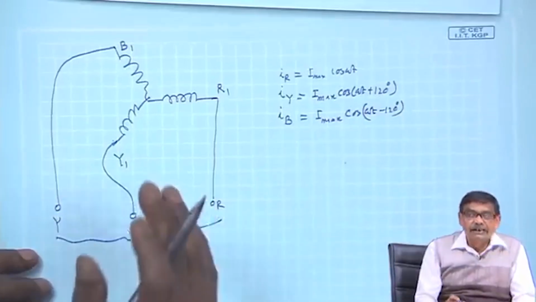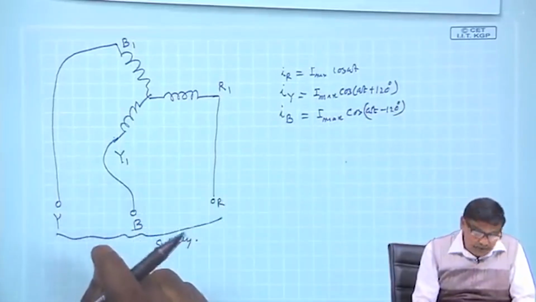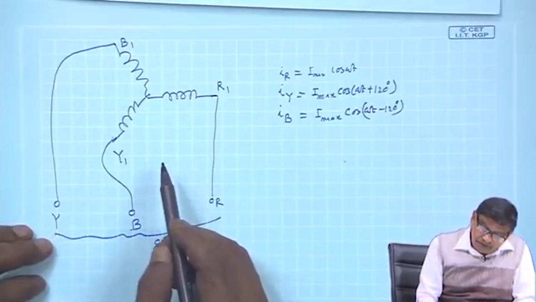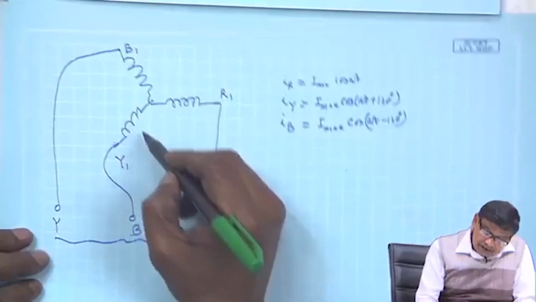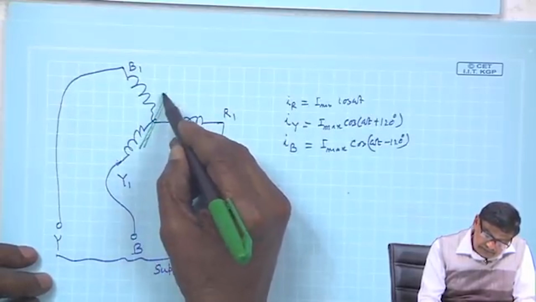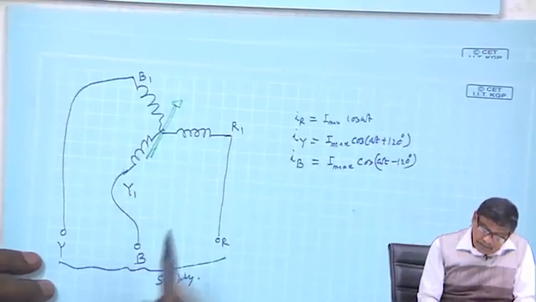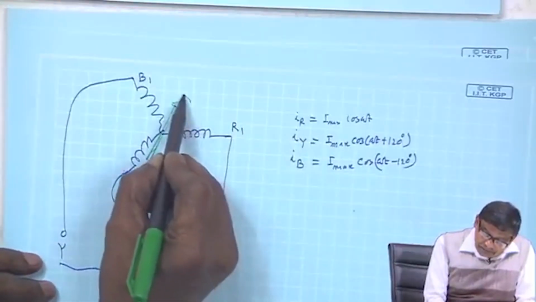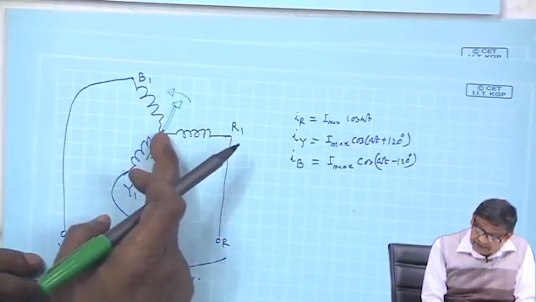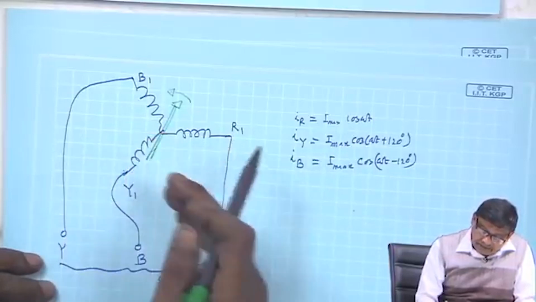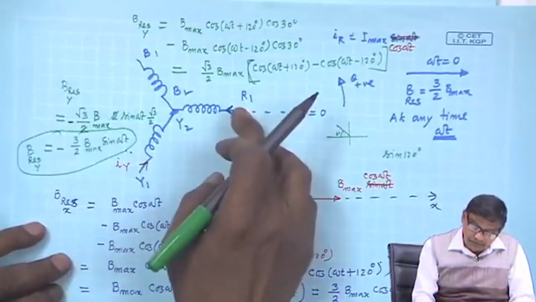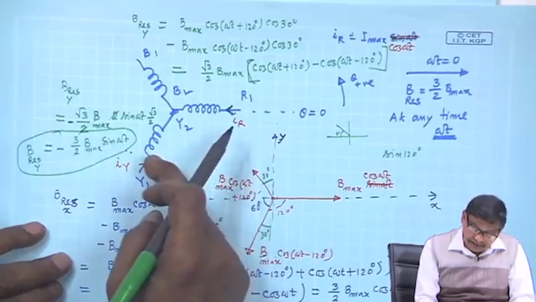You will find once again a rotating magnetic field is produced, but this time it will be moving like this, because R phase is leading, and leading to lagging, it moves to whichever phase carries lag current.